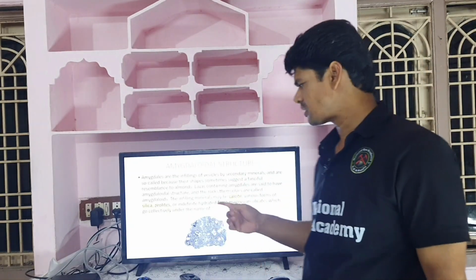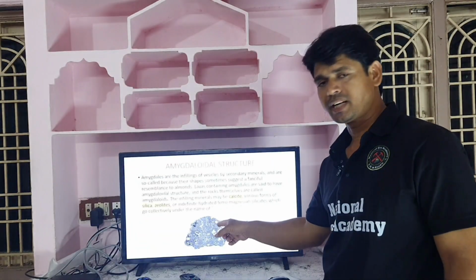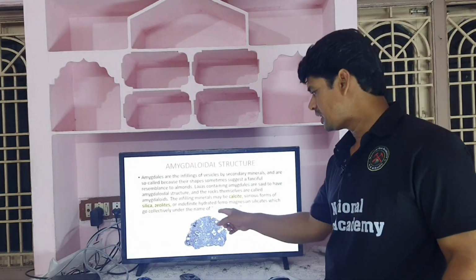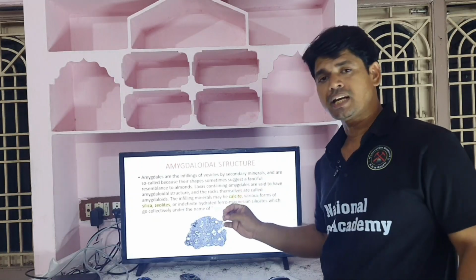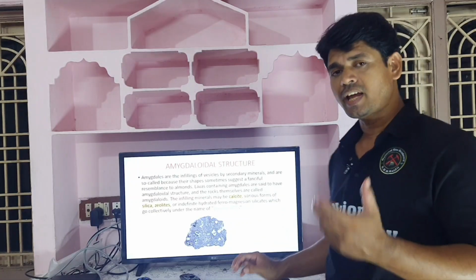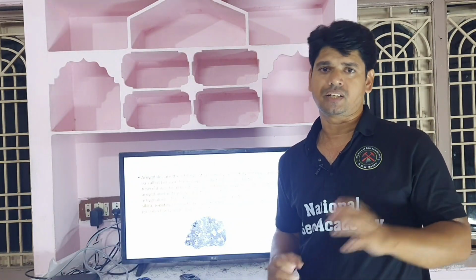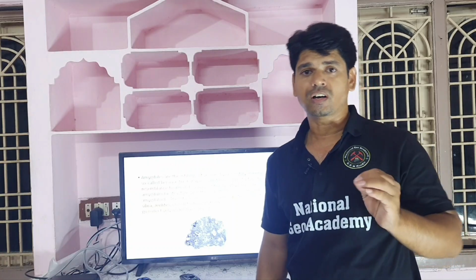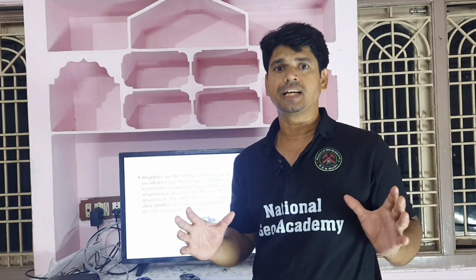In the diagram, these are the amygdales, where the vesicles are occupied by secondary minerals such as calcite and zeolite. Both vesicular and amygdaloidal structures can be found in basaltic rocks. If you observe a vesicular and amygdaloidal structure in any rock, you can directly say it is a basaltic rock.